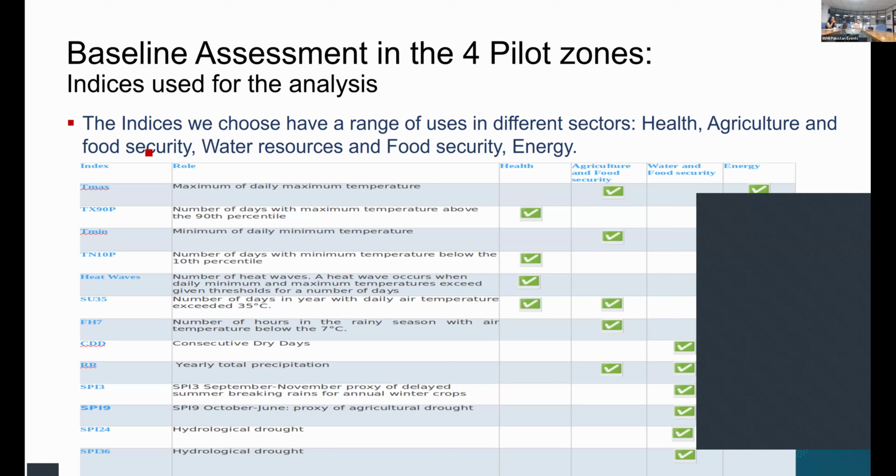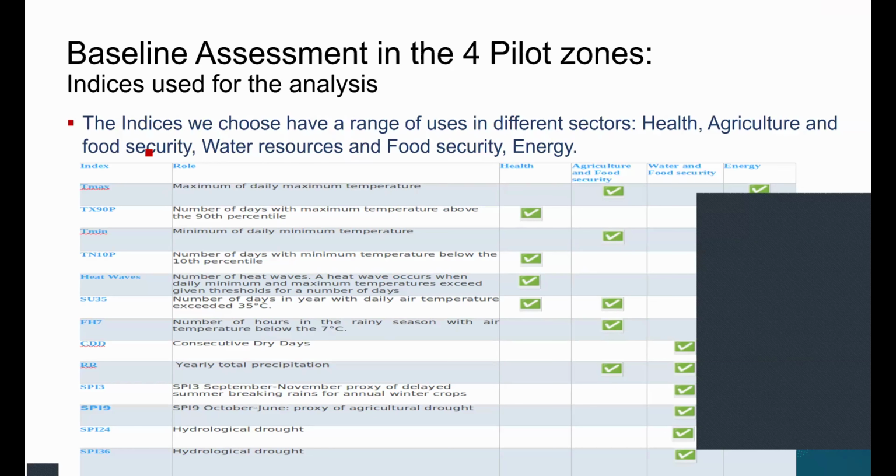In the context of water resources, indices such as total yearly precipitation and 3-month SPI, for example, the September-November 3-month SPI, is a proxy of delayed summer breaking rains, which is very important. And hydrological drought, like the 6-month, 12-month, and 36-month SPI for groundwater, help us understand the patterns of drought occurrence and water stress in the basins.